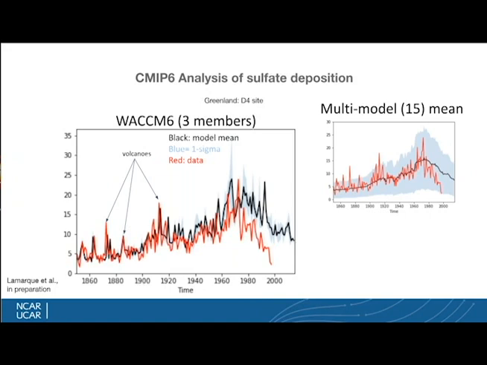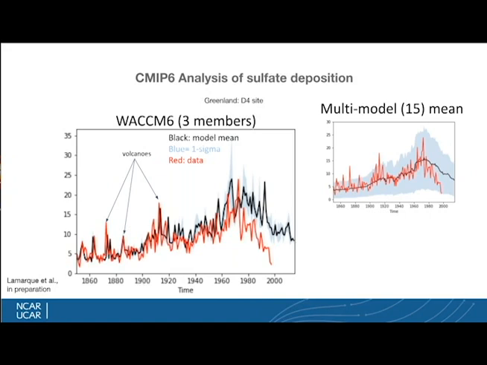So I think what this is indicating is that right now, either there is something incorrect in the way the emissions are being implemented or input into the model, or that there is something that none of the models are capturing, maybe a shift in transport pattern into the Arctic, or a change in the DMS emissions.